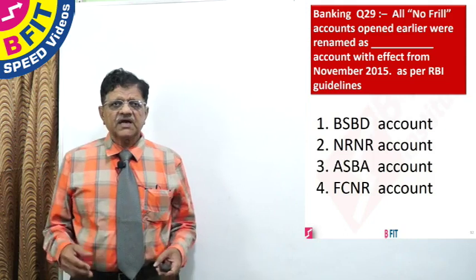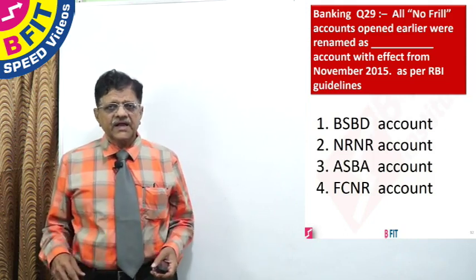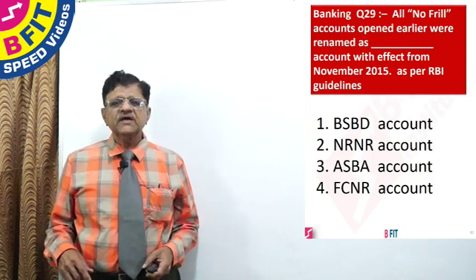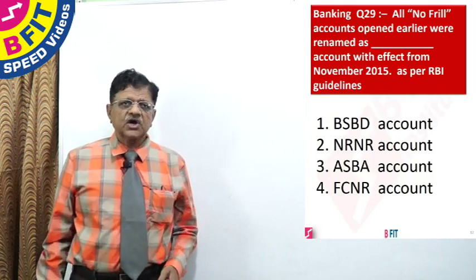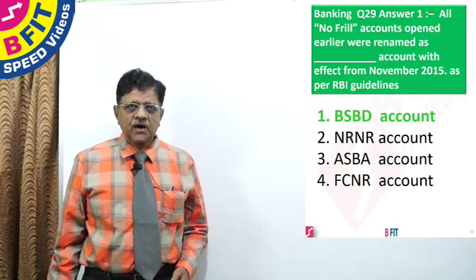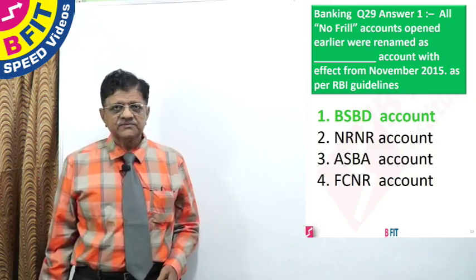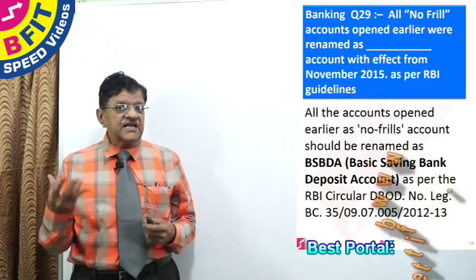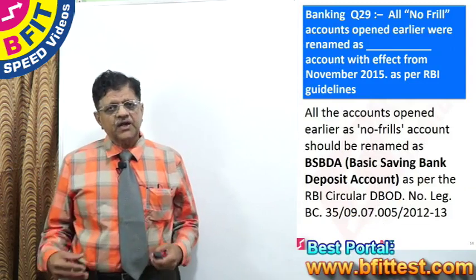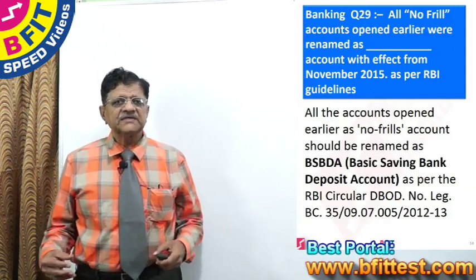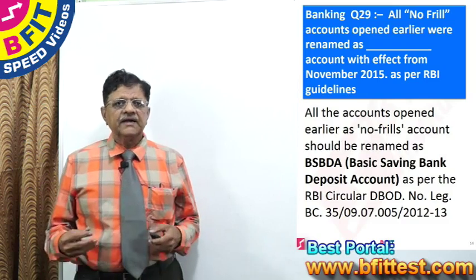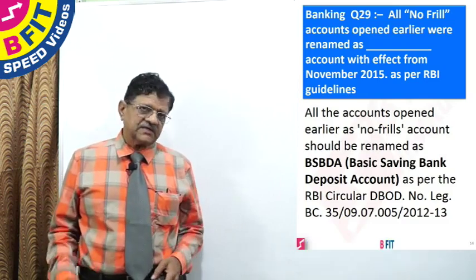The various options are given: BSBD account, NRNR account, ASBA account, FCNR account. The correct choice is BSBD account, Basic Savings Bank Deposit Account. This change was effected as per advice of Reserve Bank of India under its guidelines dated 2012-13.